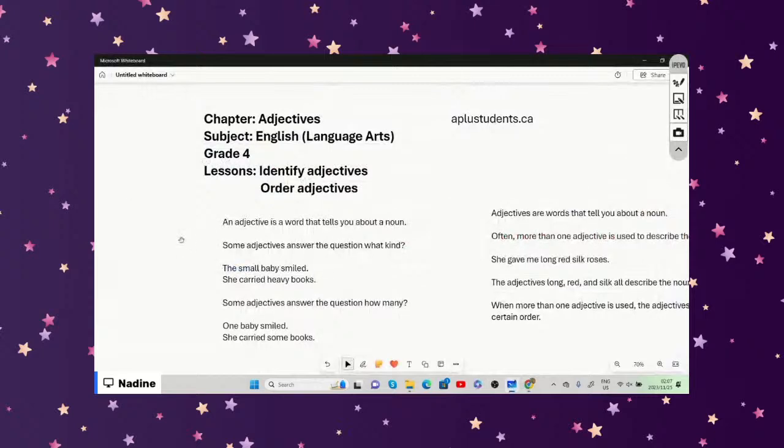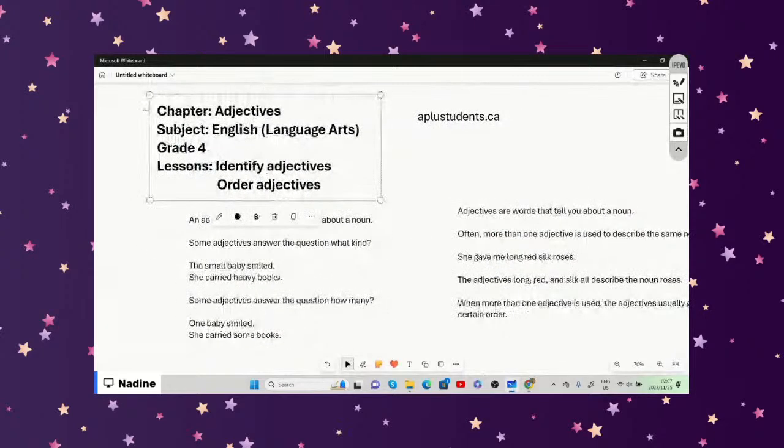Our chapter is adjectives. The subject is English language arts. Grade 4, and our lesson is to identify adjectives as well as to order adjectives.